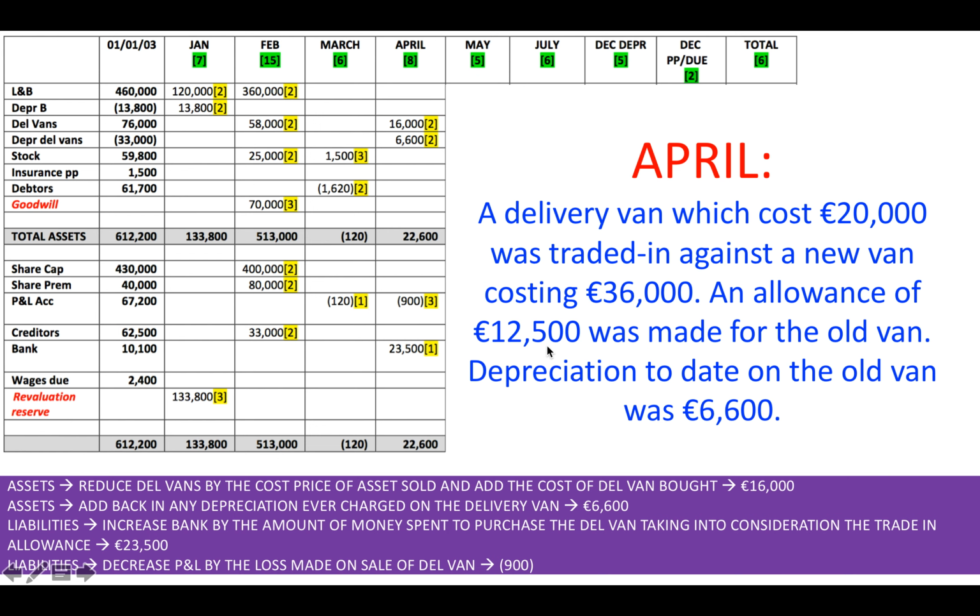But how much was it actually worth at that point in time? Well, it was worth 20,000 minus 6,600, which is 13,400. So that is a loss of 900 there. So both assets and liabilities there, 22,600 euro. So that is April completed.